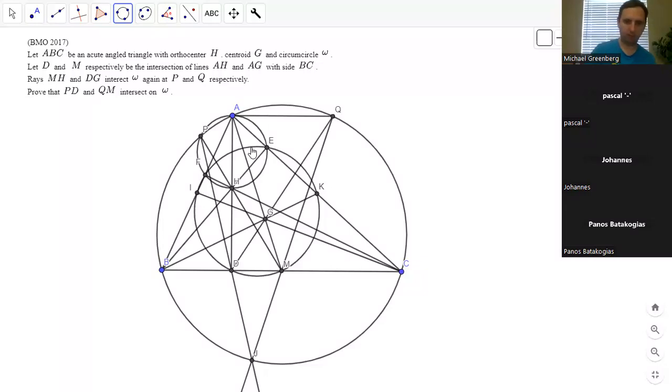So DJM is PAM minus angle AQJ, which would be PAM minus MAQ.